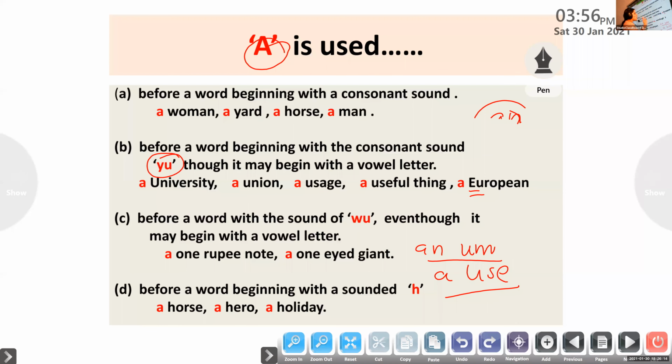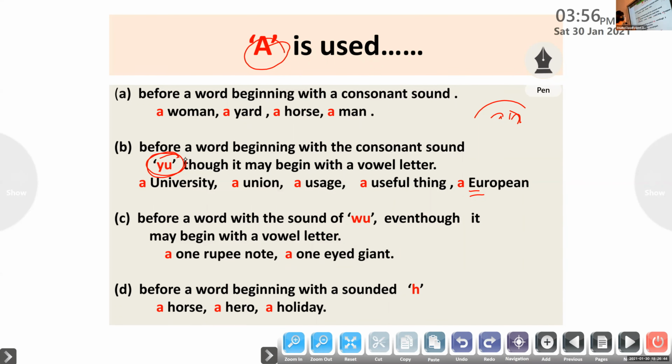But in 'a useful', the sound actually starts with a consonant sound. That is why we use 'a' before useful thing, usage, union, university, and European. It is not 'an European'. This European starts with the 'yu' sound.